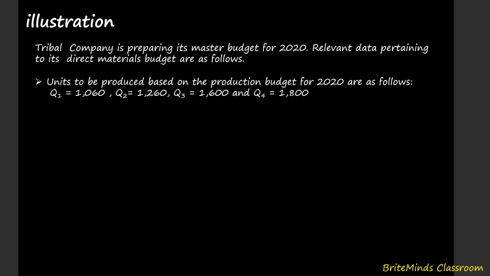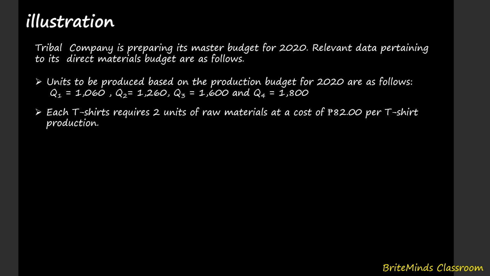Units to be produced based on the production budget for 2020: for the first quarter, 1,060 units; for the second quarter, 1,260 units; for the third quarter, 1,600 units; and for the fourth quarter, 1,800 units. Each t-shirt requires 2 units of raw materials at a cost of 82 pesos per unit.